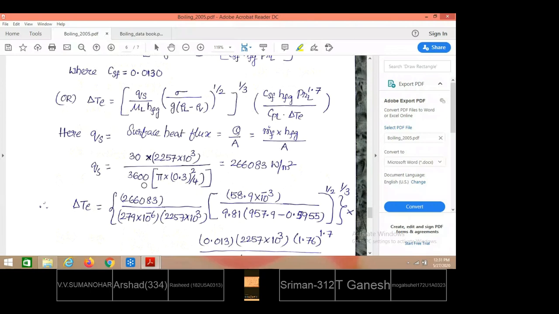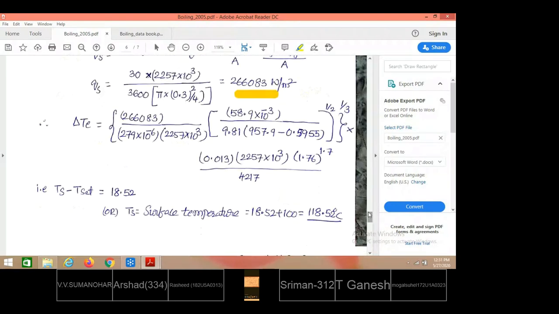The mass flow rate m dot is 30 kg per hour, that is 30 divided by 3600. The h_fg value is 2257 into 10 cube. Then the heat flux transferred from unit surface area is 2,66,083 watts. Substituting all known quantities, I have attained the delta T_e value as 18.52.